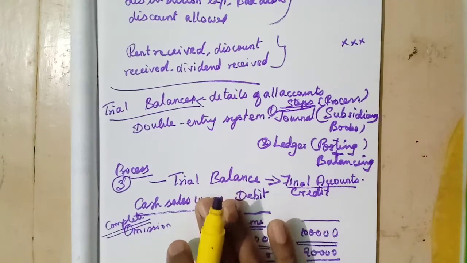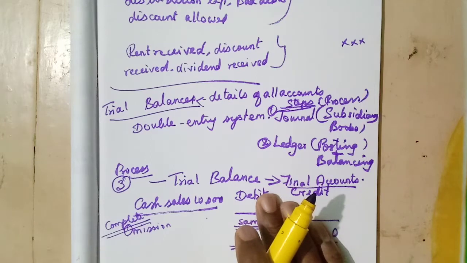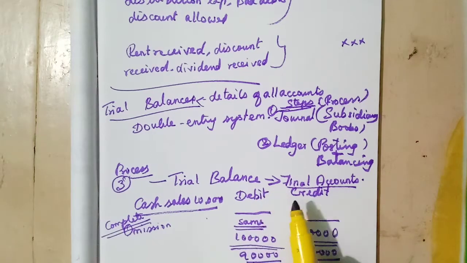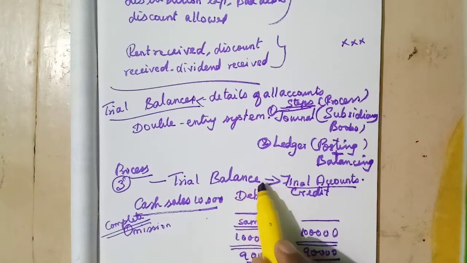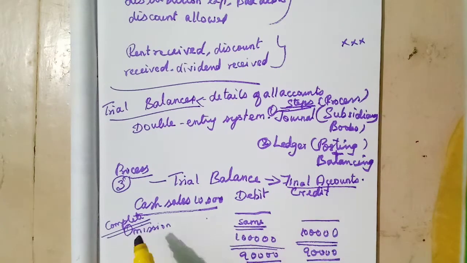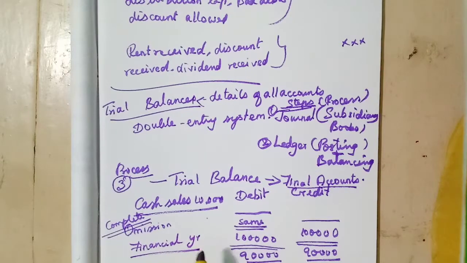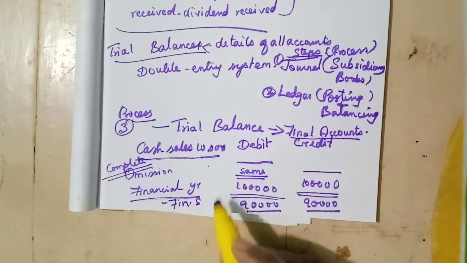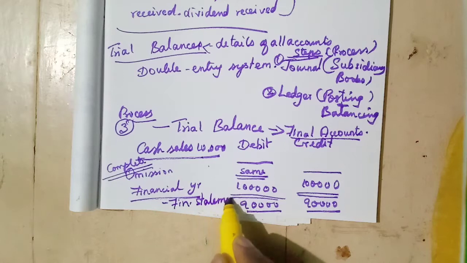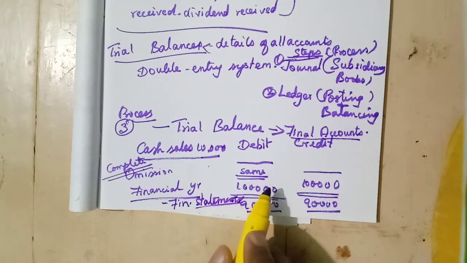Trial balance is usually prepared every month, and at the end of the financial year or accounting year, we will prepare the trial balance, and then from the trial balance we will prepare the financial statements. Financial statements are the trading and profit and loss account and the balance sheet.